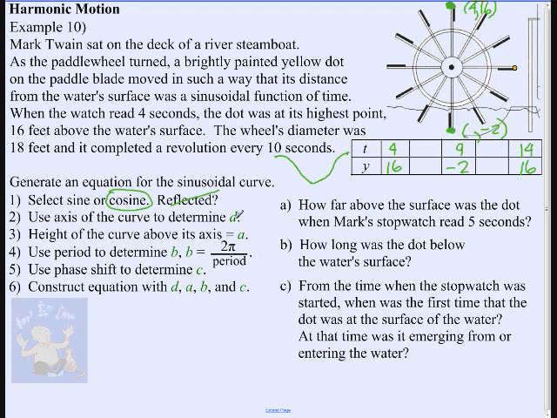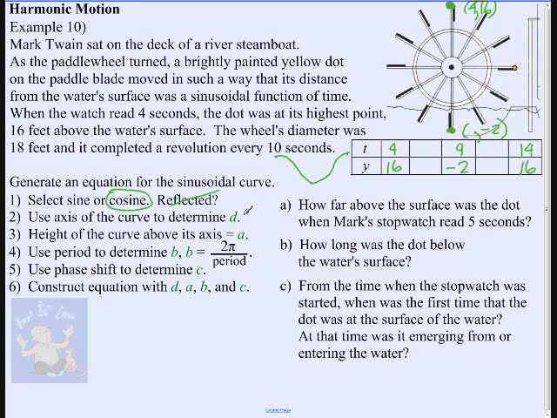Use the axis of the curve to determine d. Well, that would be midway between 16 above and 2 under. The total distance here we know is 18 feet. Half of 18 is 9. So if I go 9 below 16, I'm at 7, and 9 above -2, I'm at 7.